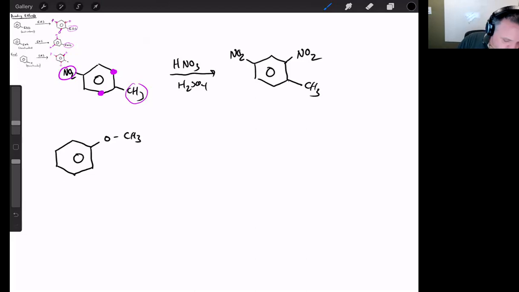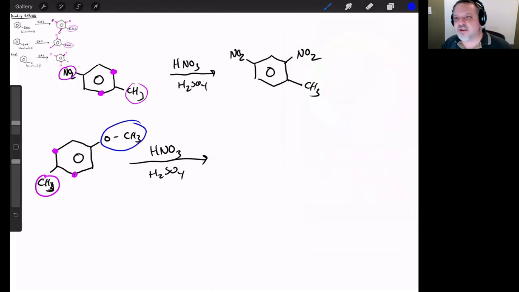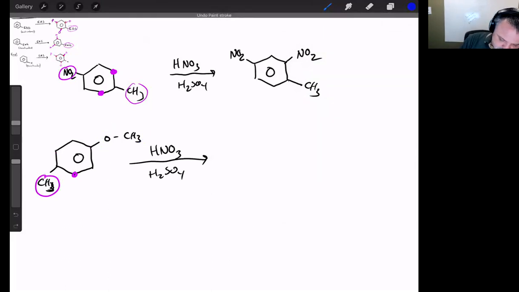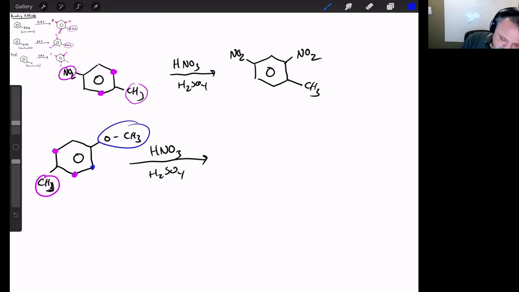So let's put a methoxy on there and a CH3 on there. Let's do the nitration again. And let's examine the directing effects. So the CH3, again, is an ortho-para director. We don't have to think about para because it's busy. The methoxy group is also an activator, right? It's a moderate activator. So it directs ortho and para as well. Again, para is busy. So what's the major product?